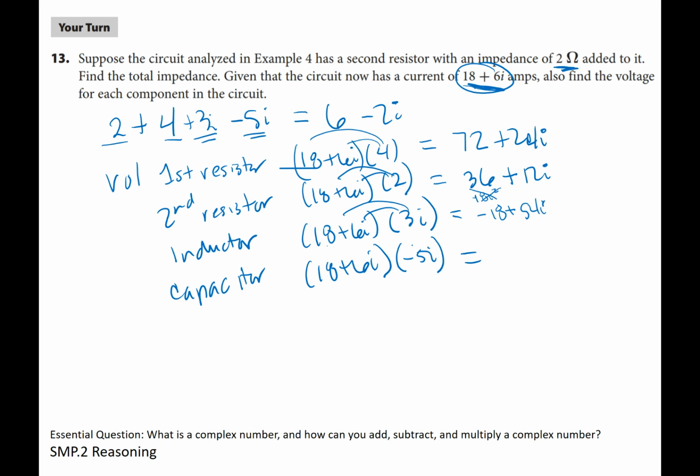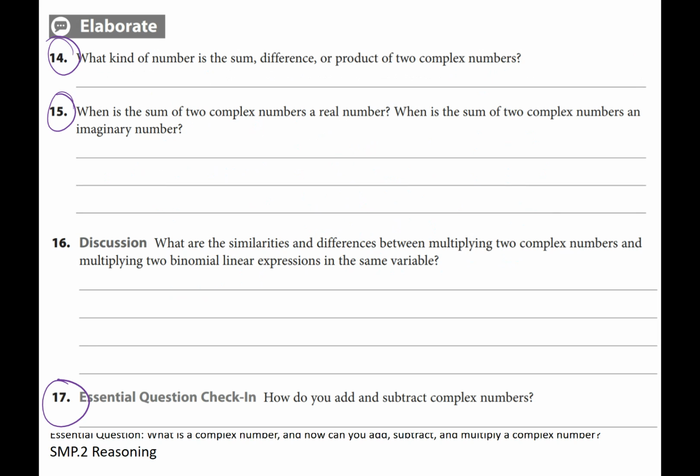All right, I'm going to distribute this in. So 18 times negative 5i is negative 90i. And negative 5i times 6i is negative 30i squared, which is better known as positive 30 because i squared is negative 1. All right, that finishes up what we've got to do today.